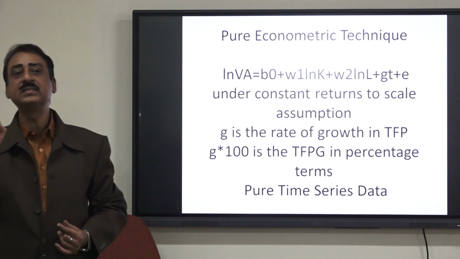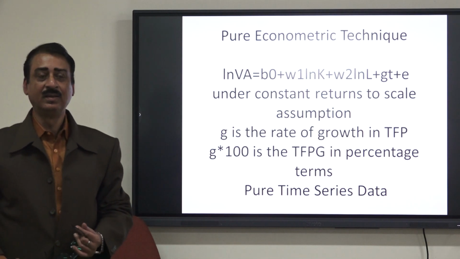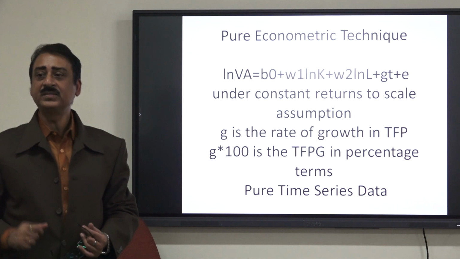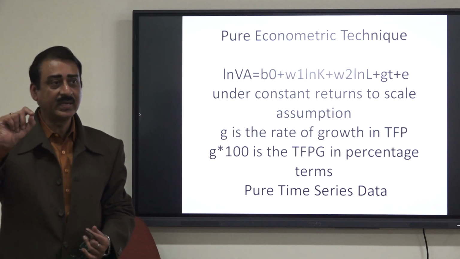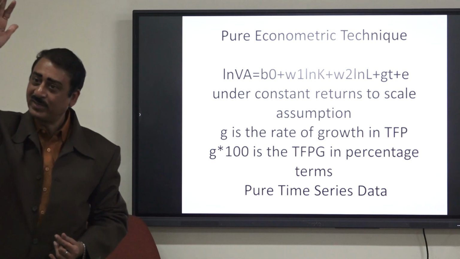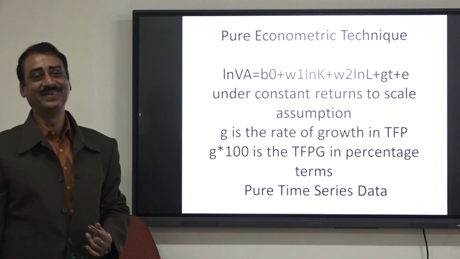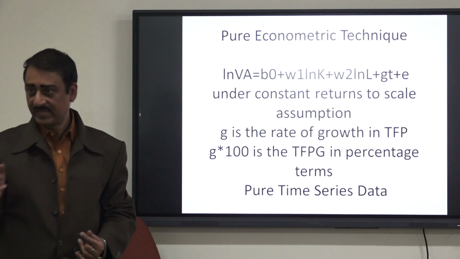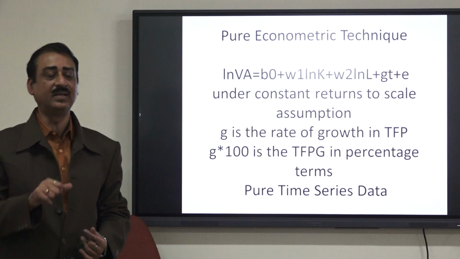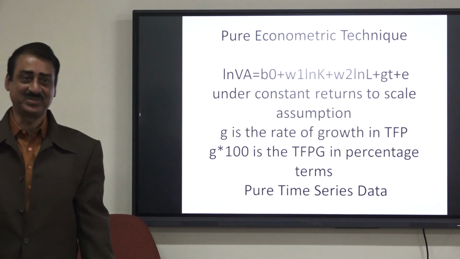Suppose it is minus 0.001. What does it mean? Multiply it by 100, that becomes minus 0.1, isn't it? So total factor productivity growth is declining at a pace of minus 0.1. So not necessarily, as I was discussing in the first lecture, total factor productivity growth will always be positive.